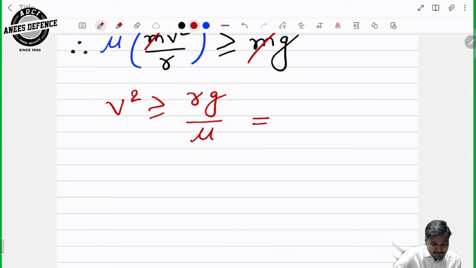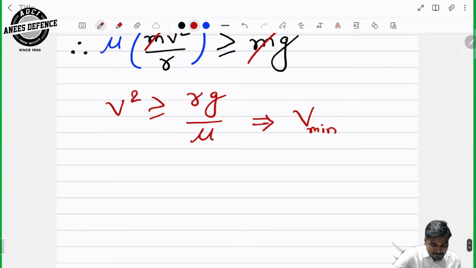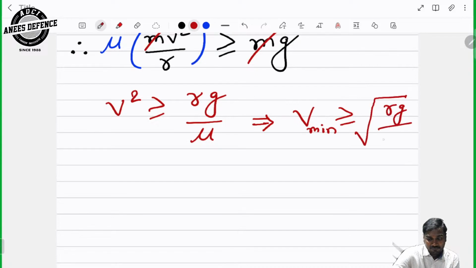Means the minimum velocity so that a stuntman can make a perfect horizontal circle should be greater than or equal to root under r g upon mu. Is it clear? Yes, sir.